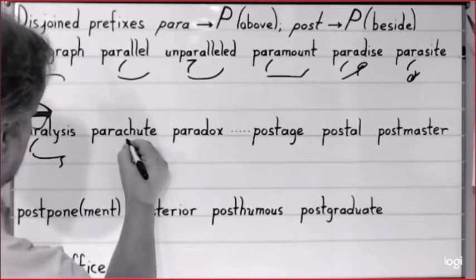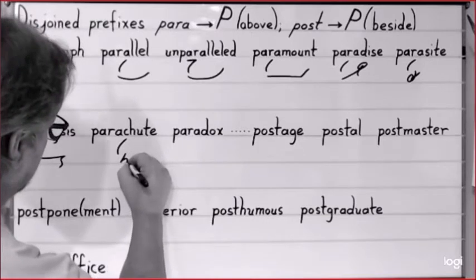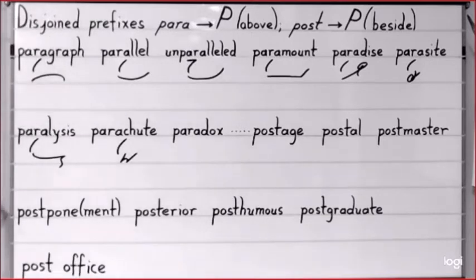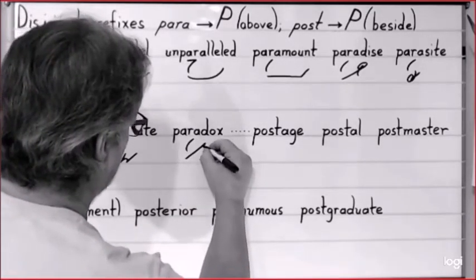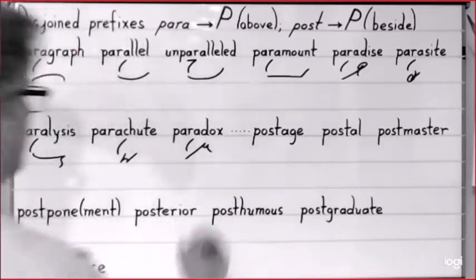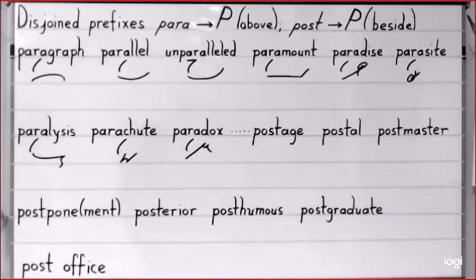Parachute is a P, then an SH, U, T. Paradox is a P, D, O, X. Of course, the X is a tilted S.